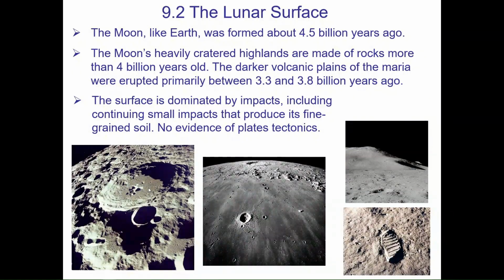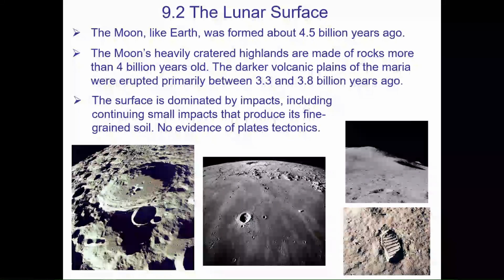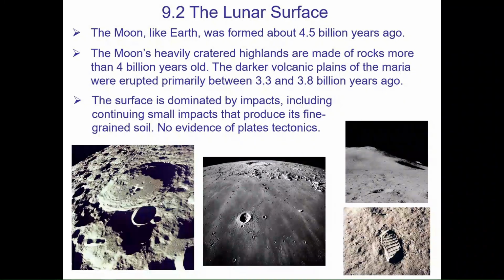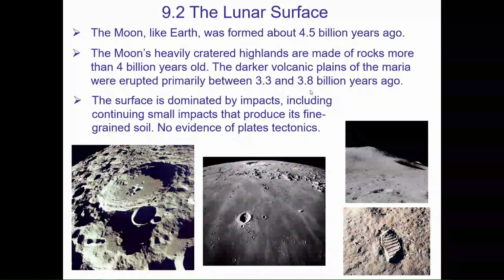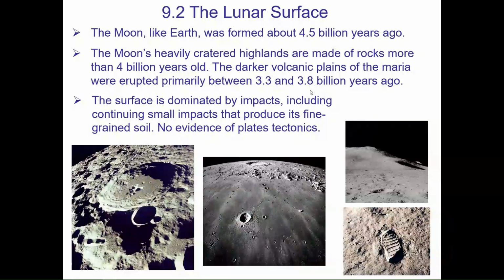By looking at the density of craters, you can see that the highland, of course, has more craters than Maria. So again, by counting craters, we know the highland is older than Maria, which matches the result we get from the radioactive dating of the lunar rocks.